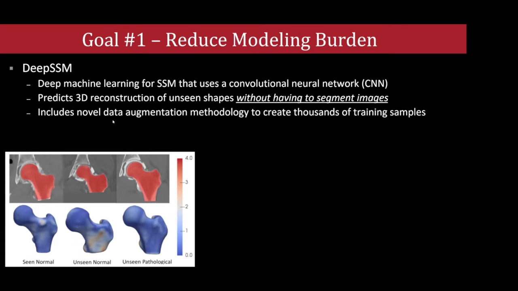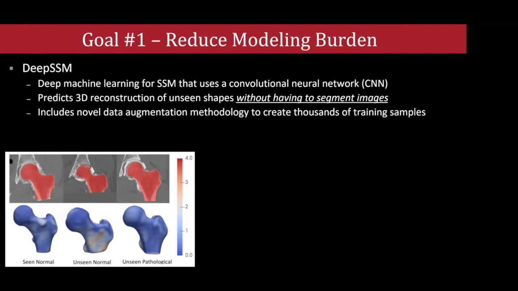What's also nice is that, traditionally in deep learning, and still, you have to use a lot of training data sets to construct that model. While I would say that we're approaching a couple hundred different data sets of the hip, that still isn't enough. You need thousands to do this.